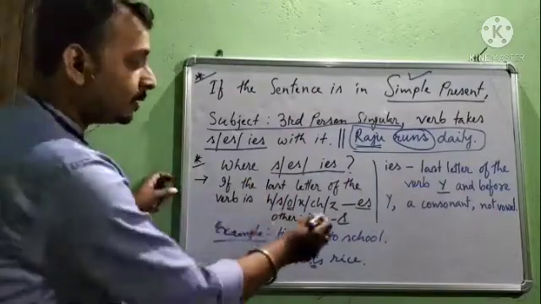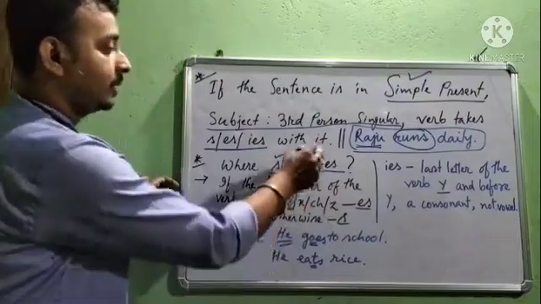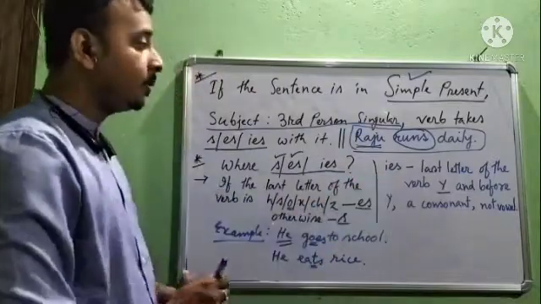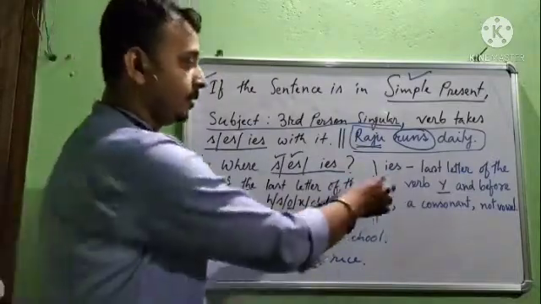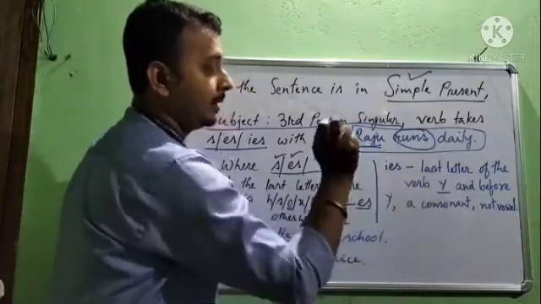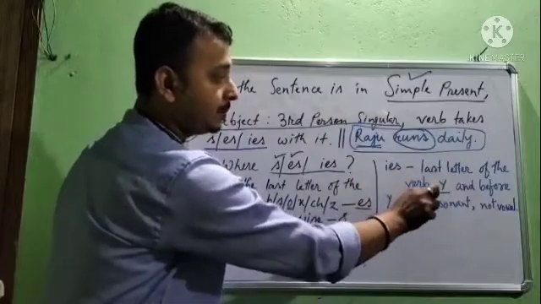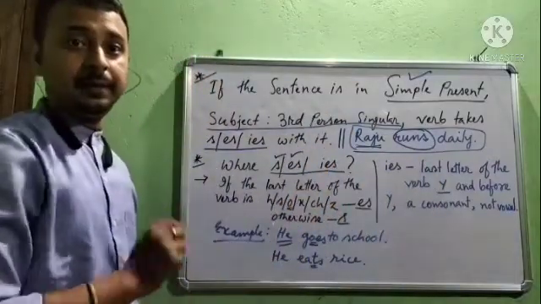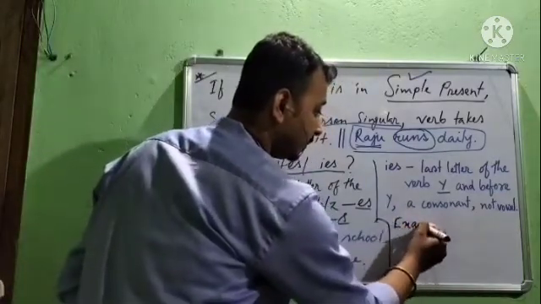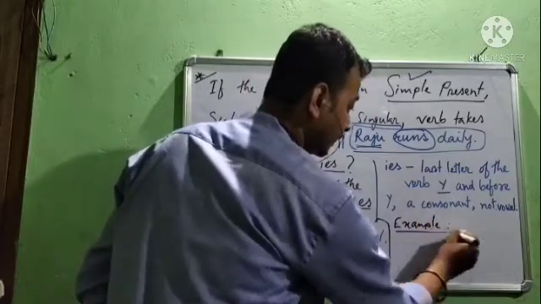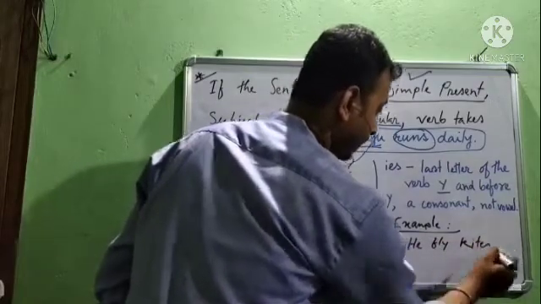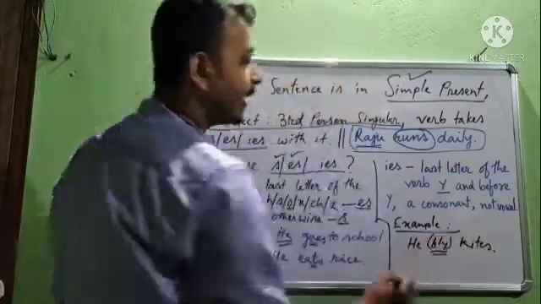Next one. So you have learned S or ES. Now you will learn IES. IES is used with the verb when the last letter of the verb is Y, and before Y there must be a consonant, not a vowel. For example, see the example here also. Suppose this one, he fly kites.